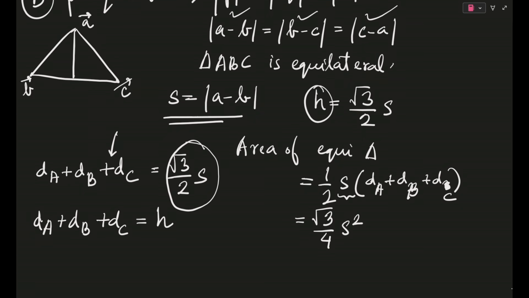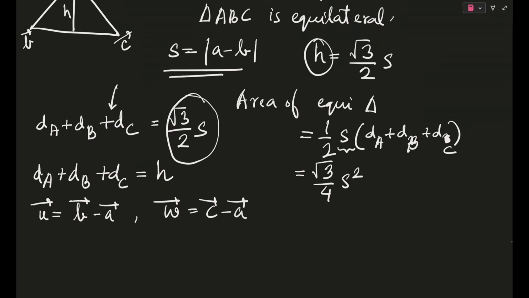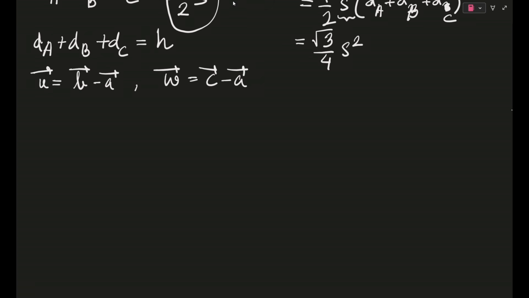To find the height of the altitude, say this is the altitude length h. To find this height, let's take two vectors. Vector u, which is vector b minus vector a, and another vector w, which is vector c minus vector a.